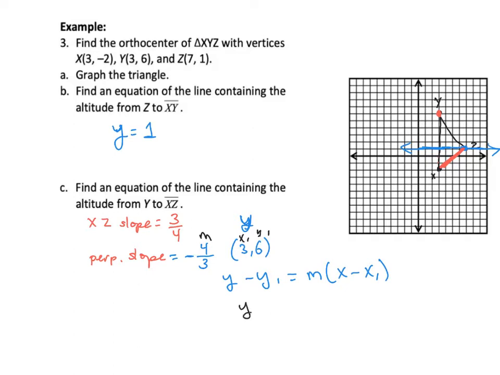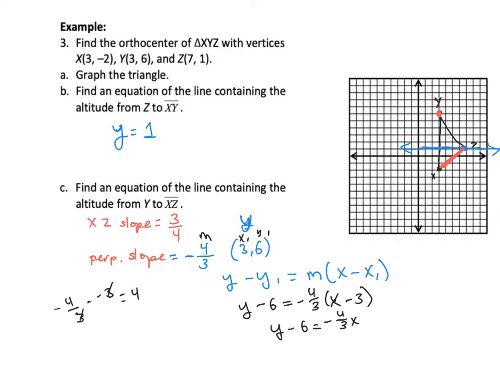So y minus 6 equals negative 4/3 times x minus 3. We get y minus 6 equals negative 4/3 x, and now we do negative 4/3 times negative 3, and we get positive 4.